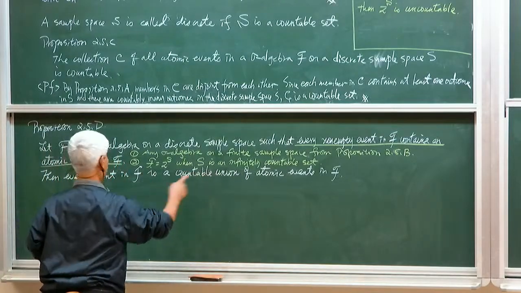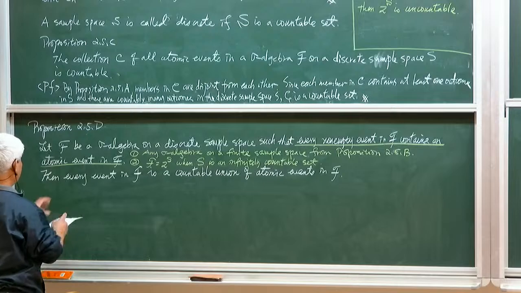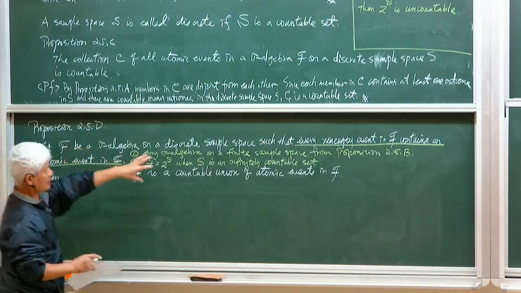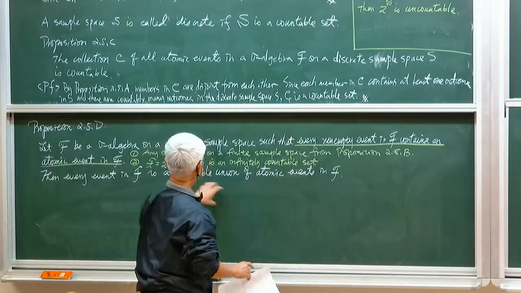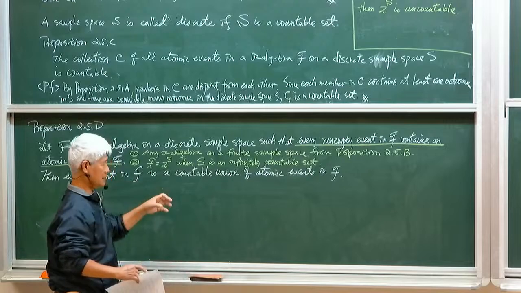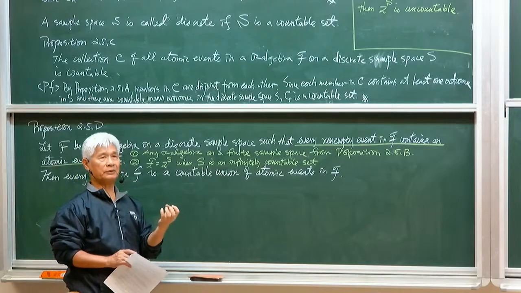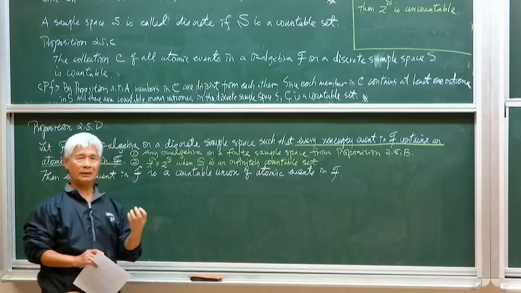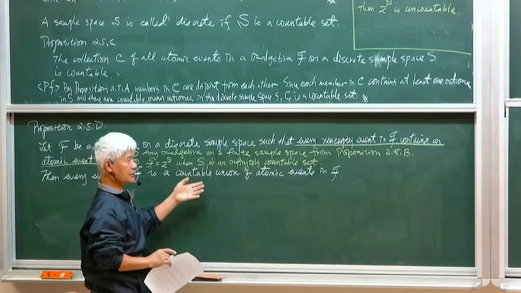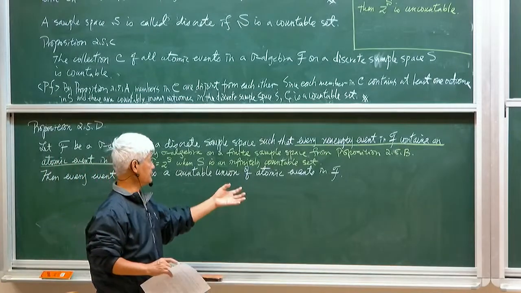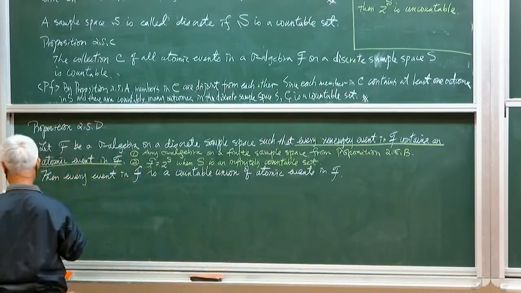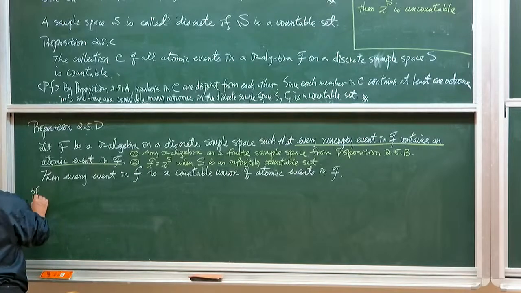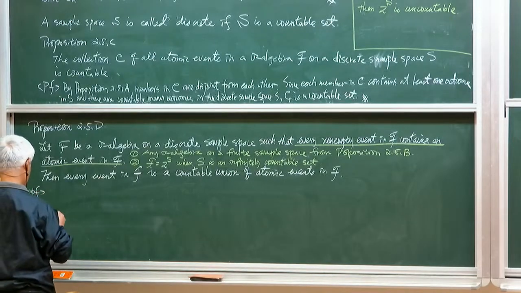So the idea is that under this condition, every event can be built from atomic events, which means it is just a union of atomic events. Right, so let's prove the statement.